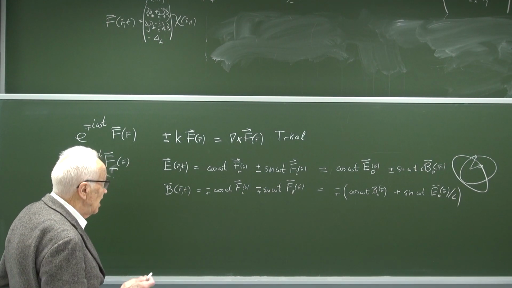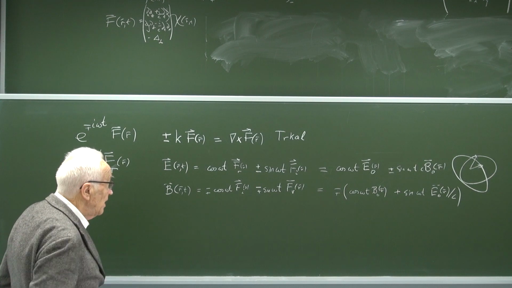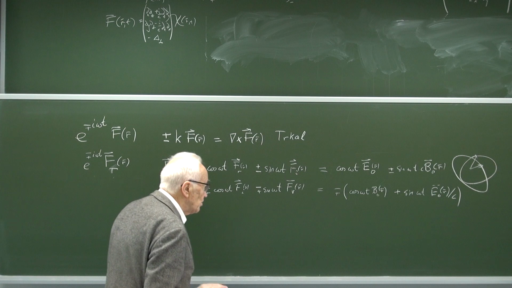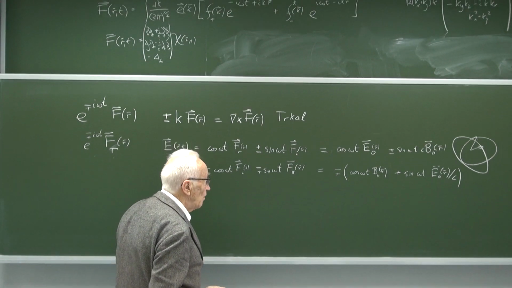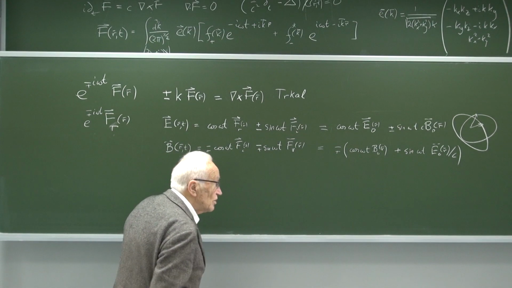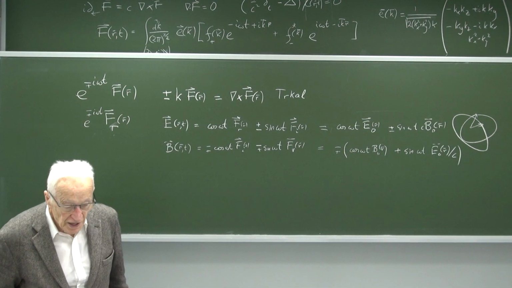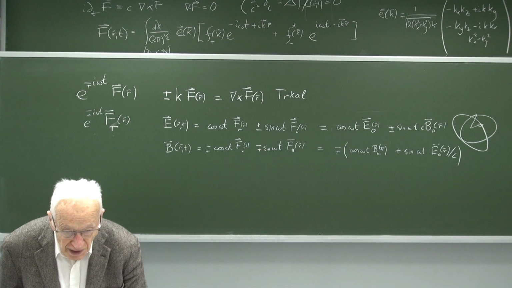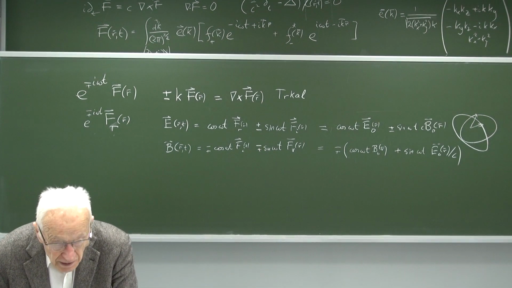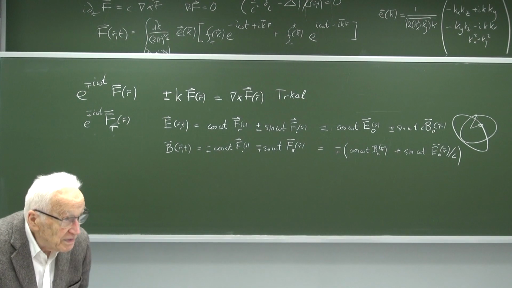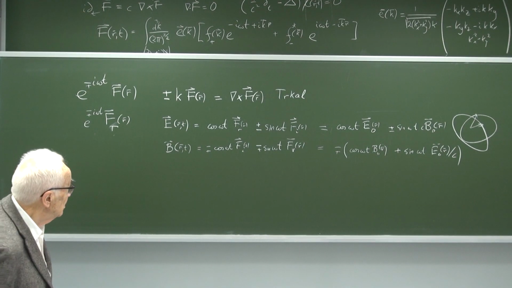Okay, so what else can we say here that is of some importance in optics? There are the so-called Bessel beams, which are very popular because they carry angular momentum, as I will discuss a bit later. And what are Bessel beams within this formalism?